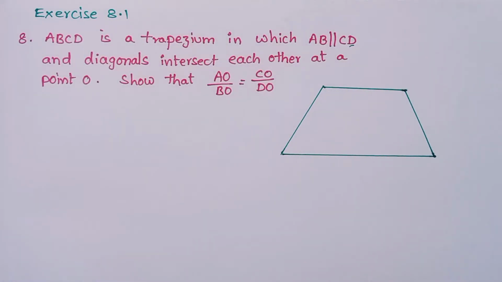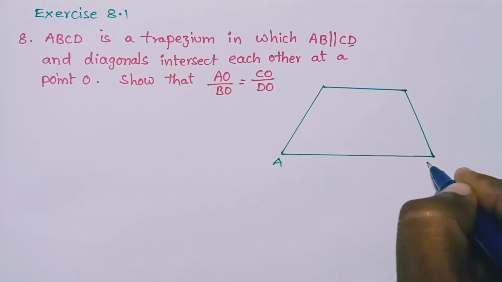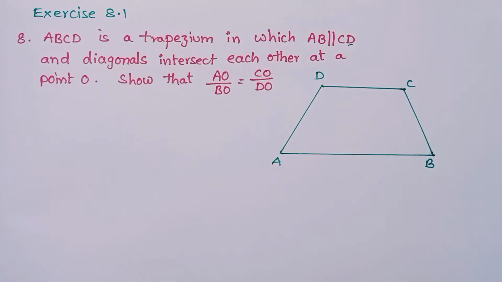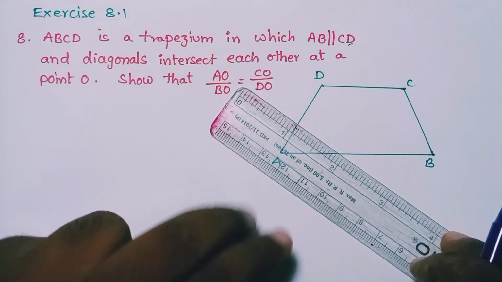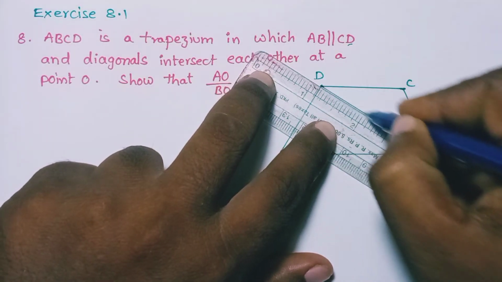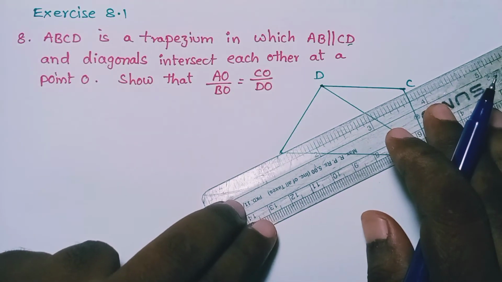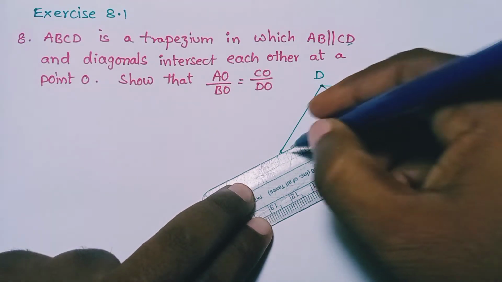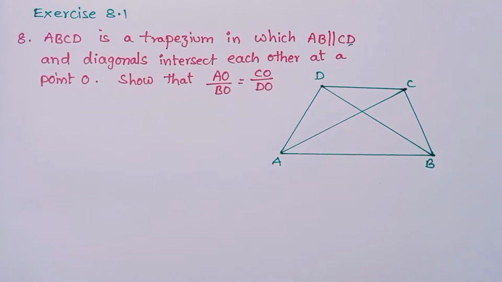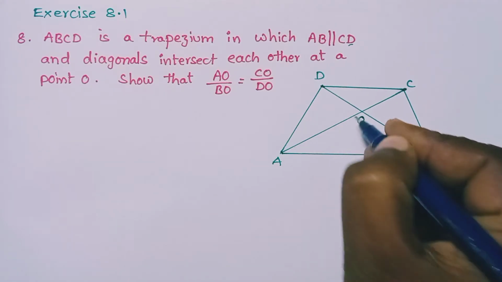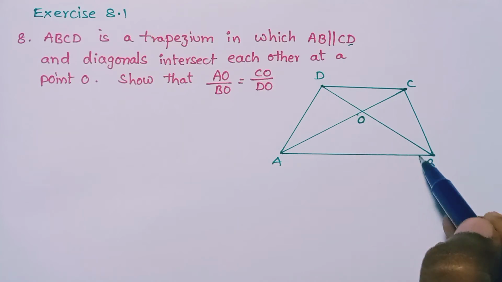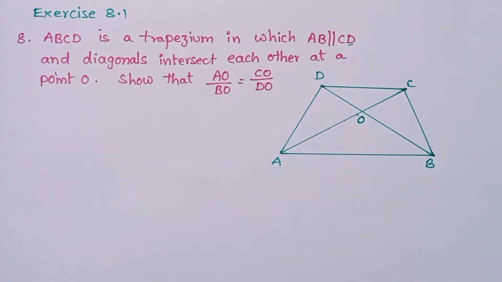This is a trapezium ABCD, in which the diagonals intersect each other at a point O. This is the diagonal BD, and this is the diagonal AC. Both are intersecting at a point O. Now we have to show that AO by BO is equal to CO by DO.